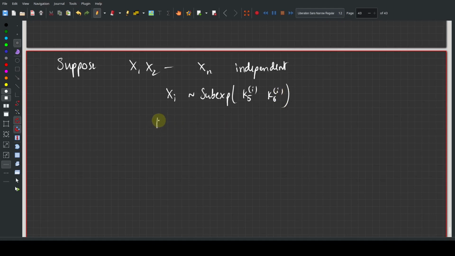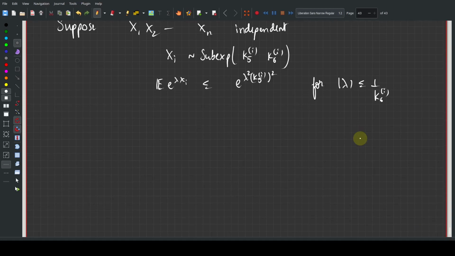Right? So basically the expectation of e raised to lambda xi is less than or equal to e raised to lambda square k5 i square for absolute value of lambda less than or equal to 1 over k6 i. Then is it true that the sum of these random variables is also sub-exponential? And if so, what are the parameters?